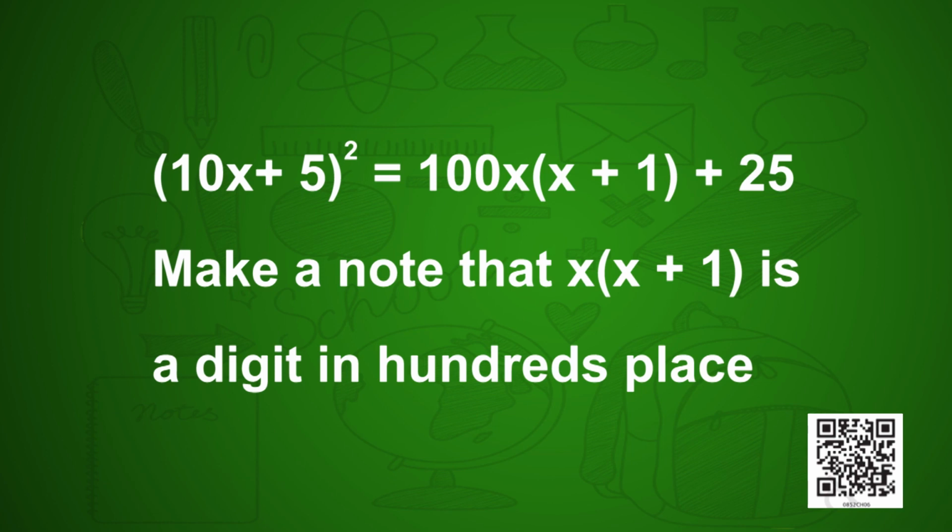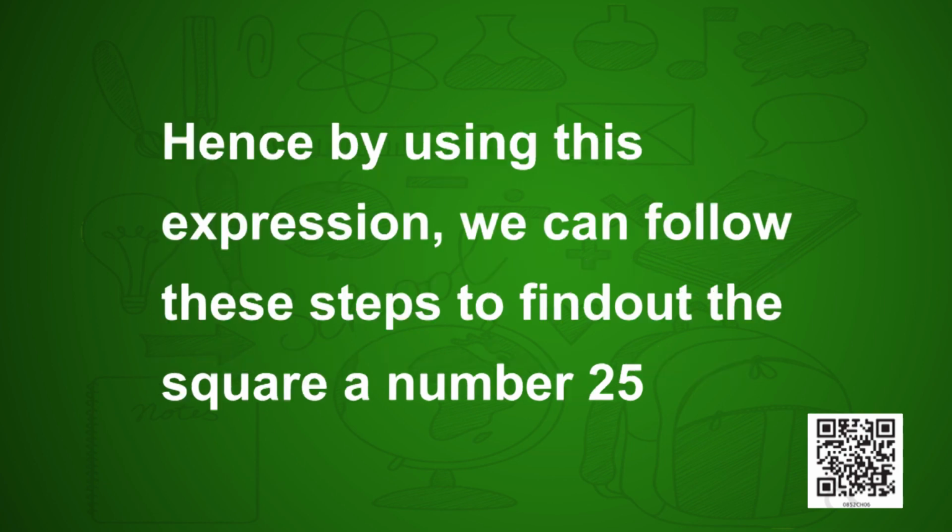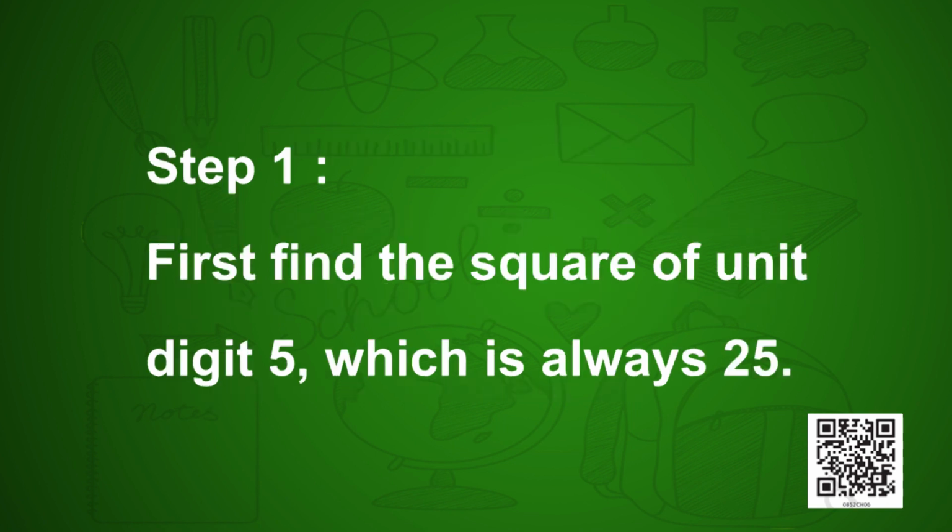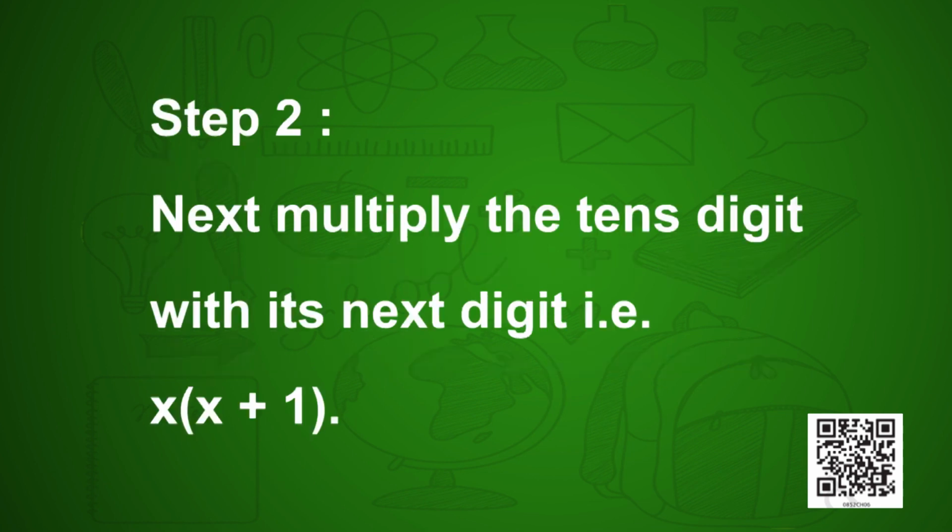Make a note that x times (x plus 1) will be the digits from the hundreds place onwards because it has been multiplied with 100. We will use this expression and follow the steps to find the square of a number, say for example 25. So, what is step 1? Let us take the square of the unit digit. Our unit digit is 5, so its square is 25. In the next step, multiply the tens digit with its next digit.